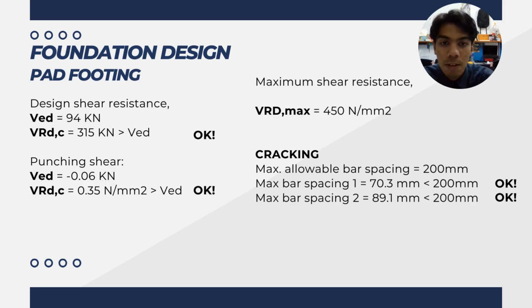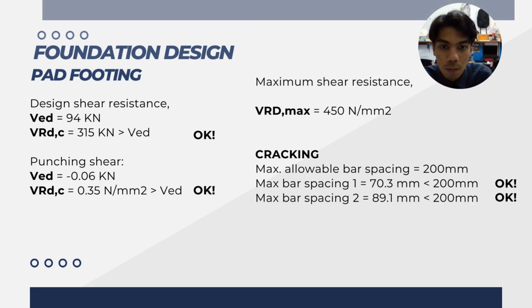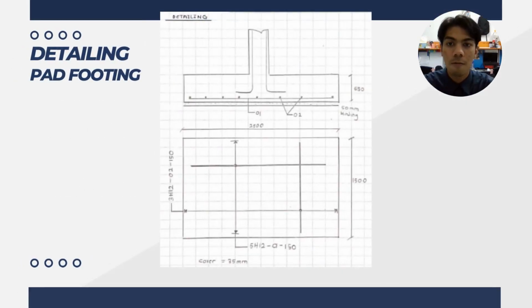For the cracking, maximum allowable bar spacing is 200 mm. Maximum bar spacing 1 is 70.3 mm, less than 200, is okay. Lastly, maximum bar spacing 2 is 89.1 mm, less than 200, is okay. This is our detailing for pad footing.